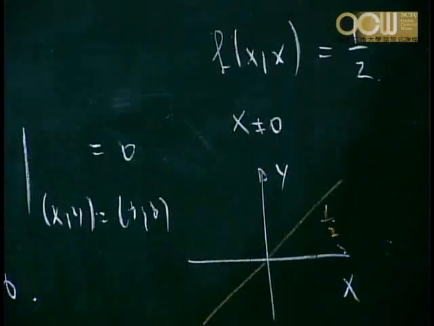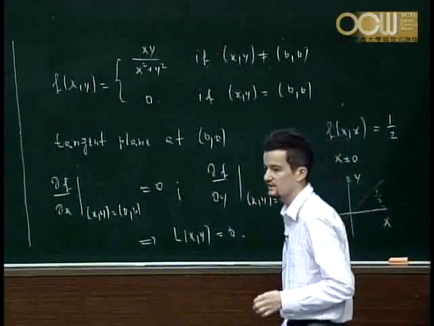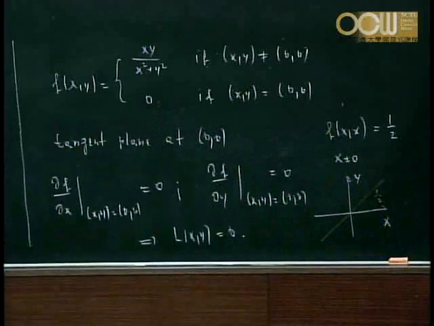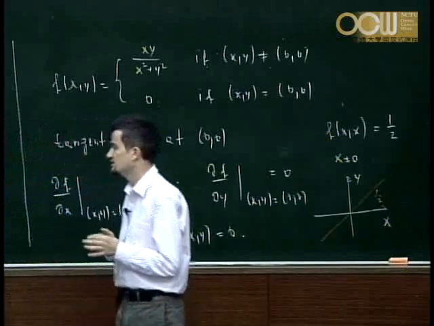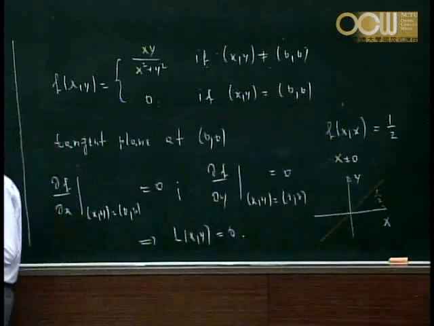So you see that those two examples are quite different. In both examples, the tangent plane exists. Here you have the tangent plane, which is 0. Here you have this tangent plane. So existence is not a problem of the tangent plane, but the approximation behavior of the tangent plane is very different in those two examples.